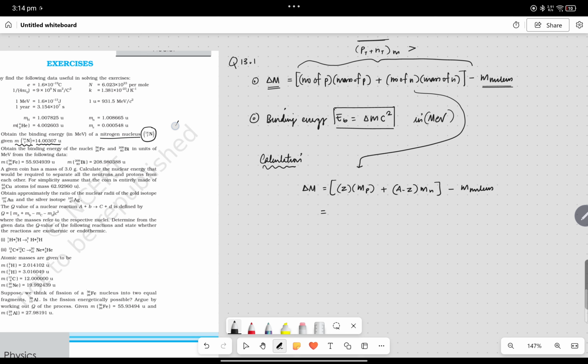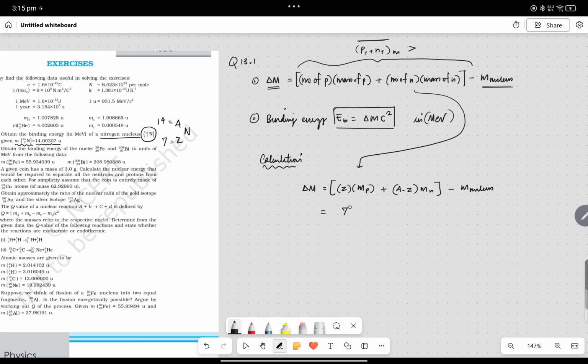It is given as nitrogen 7, so at the place of 7 we can write Z, which is the atomic number, right? So that is 7 we have, and A is 14, right?